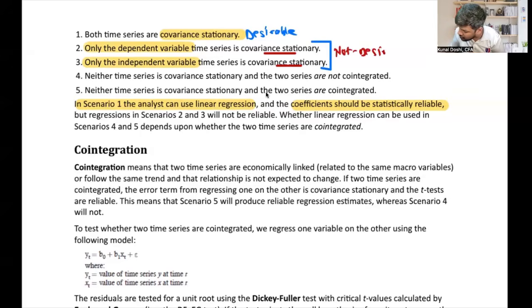We cannot use the model in this case. So see here, in scenario 1, the analyst can use the linear regression, and in scenario 2 and 3, they will not be reliable. So we can't use the linear regression. Everyone understood? So both X and Y should be covariance stationary, not only one, both should be covariance stationary. Clear, everyone? Check, check, check.